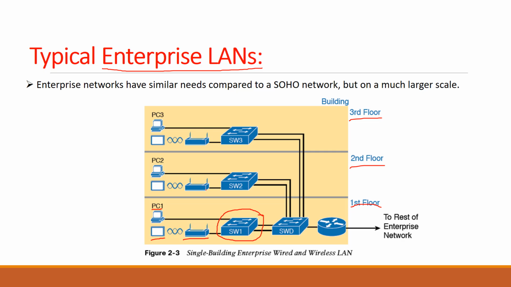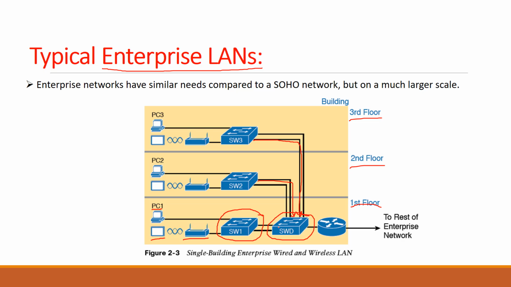But in enterprises, to connect these switches together, we use a switch called a distribution switch that collects all the Ethernet access switches through one or more cables, and we will demonstrate later why we use more than one cable.